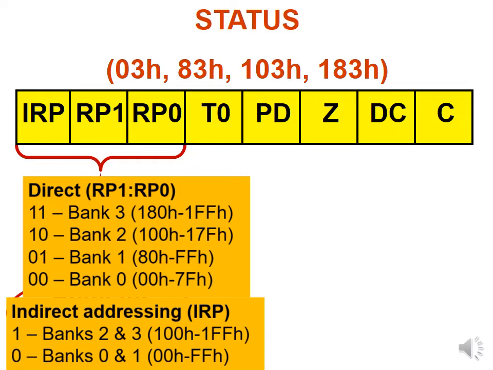IRP is the register bank select bit that is used for indirect addressing of the file registers. The state of IRP selects between banks 0 and 1 or banks 2 and 3, depending on its state as indicated on the illustration.